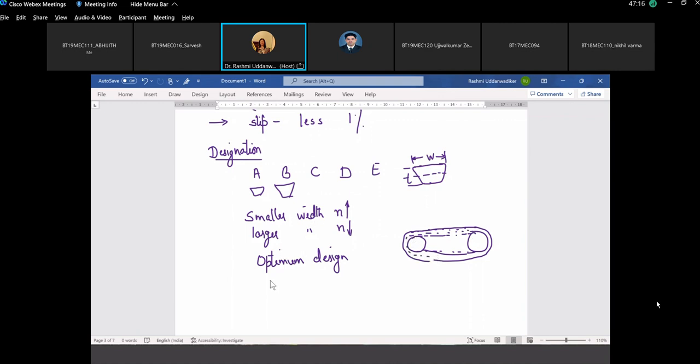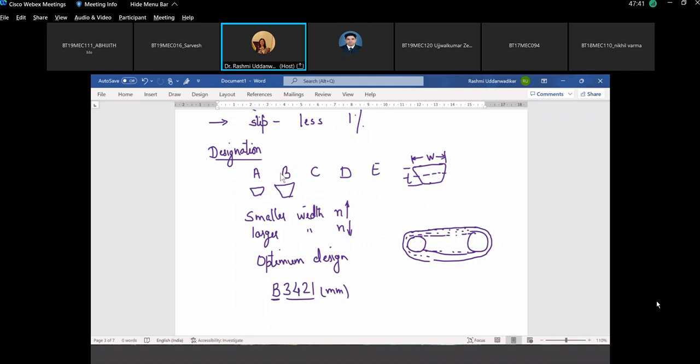So a V belt is always designated with the type of belt. It is either A, B, C or D, and some number, say 3421. So this 3421 is its inner length in millimeters. And this first alphabet tells us about the width and the thickness.